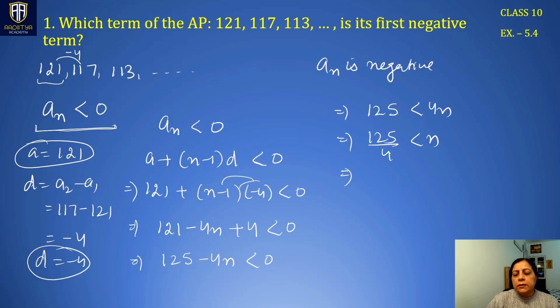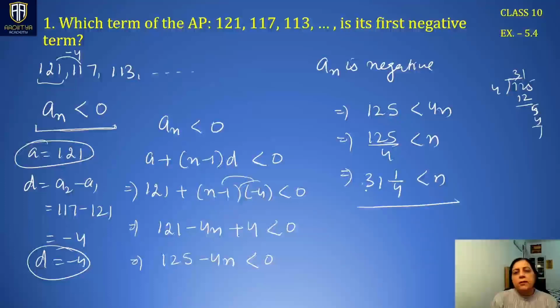Now we simplify this. This number is not a natural number. We divide 125 by 4. 4 3s are 12, 4 1s are 4. So this is 31 whole 1 by 4 is less than n.